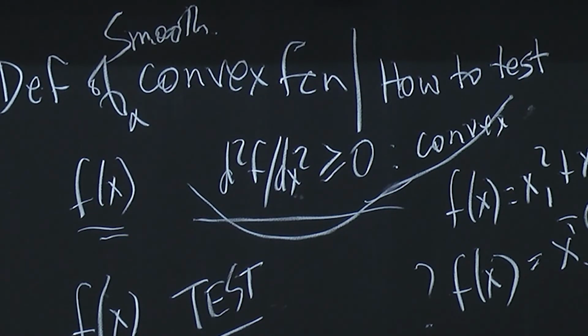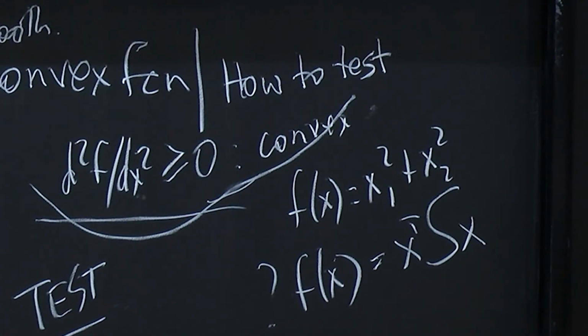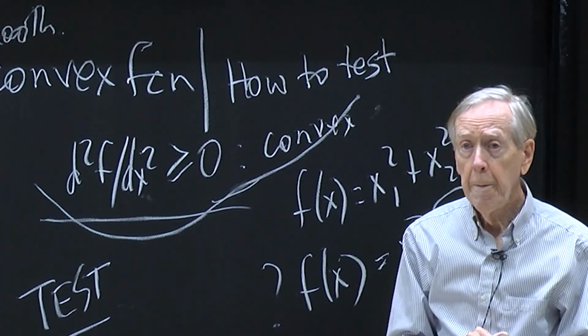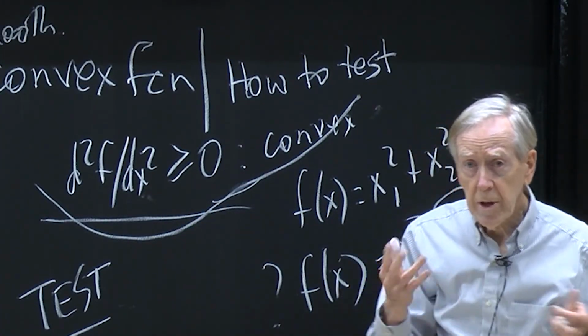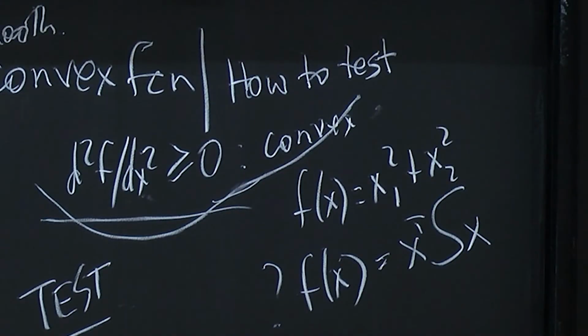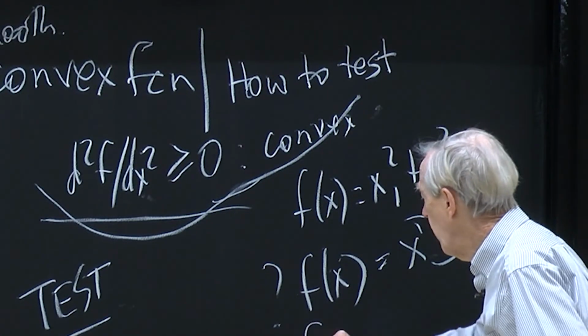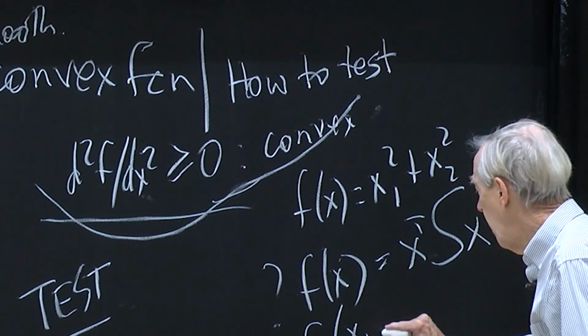I'm looking for an n-dimensional equivalent of positive second derivative, and we have to recognize what's the test. So I could apply it to this function, or I could apply it to any function of n variables.